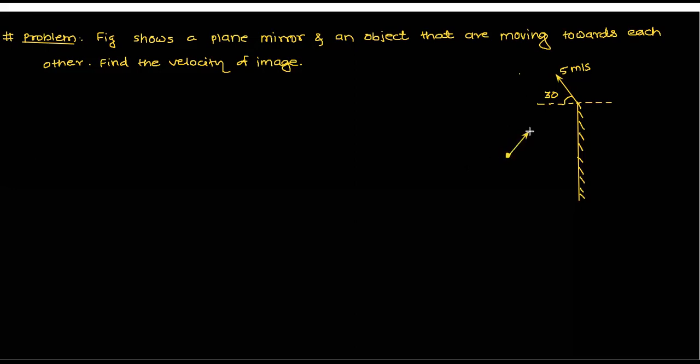The object is moving like this. With what angle? This angle they have given as 60 degree, and this velocity is 10 meter per second. And here it is the y and x axis, we can say. This is just for representation. They have given this axis also.